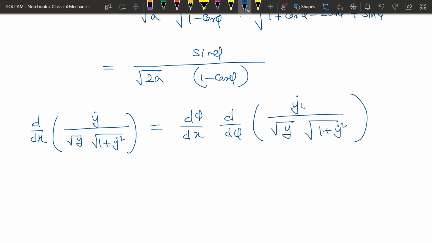So we are changing the variable here. We are taking the derivative with respect to φ.